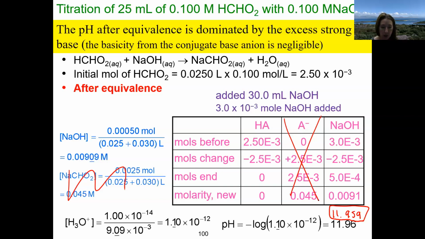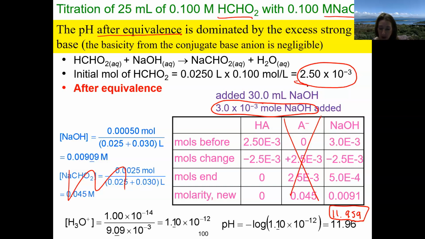Okay, so when you have a weak acid, strong base after the equivalence point, how do you know you're after the equivalence point? Your moles of your base are greater than the moles of the acid. That's how we know we're past our equivalence point.